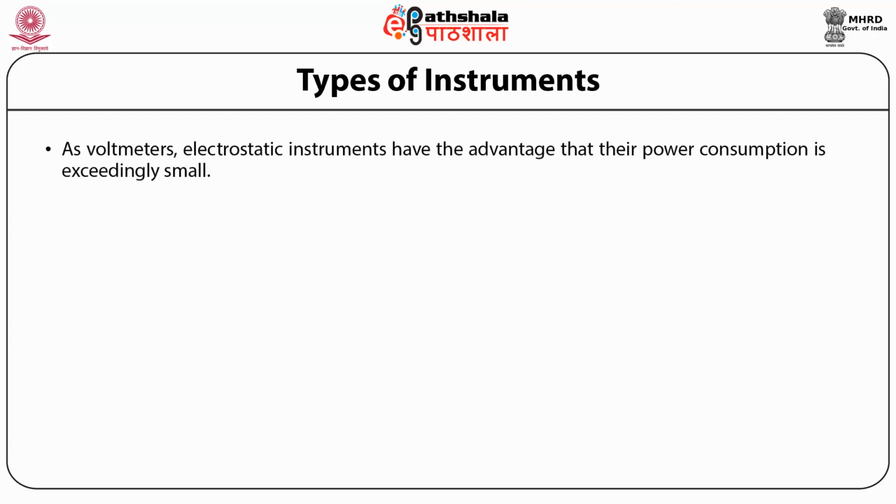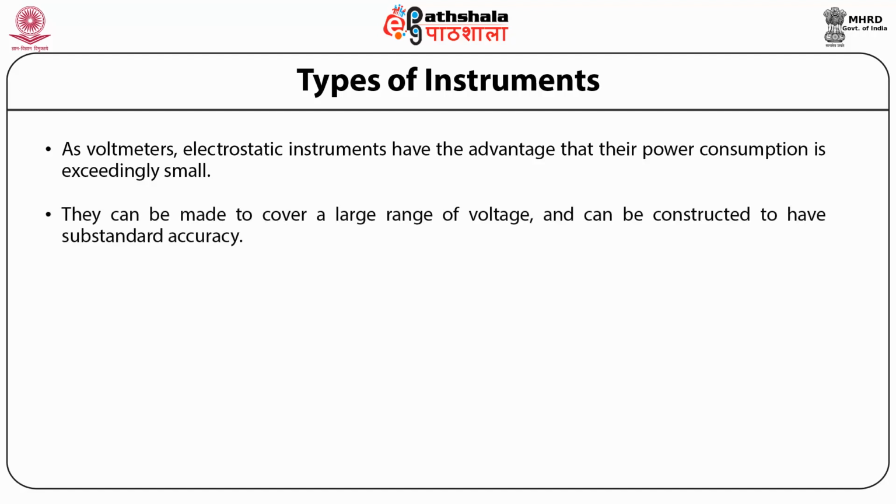As voltmeters, electrostatic instruments have the advantage that their power consumption is exceedingly small. They can be made to cover a large range of voltage and can be constructed to have substandard accuracy.